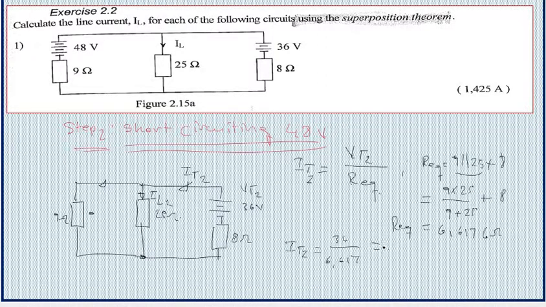So if I use the calculator to compute this, 36 divided by 6.617, I get 5.